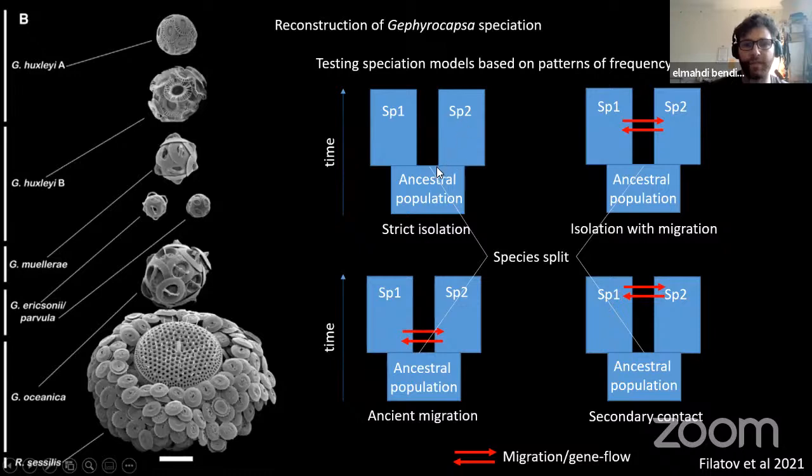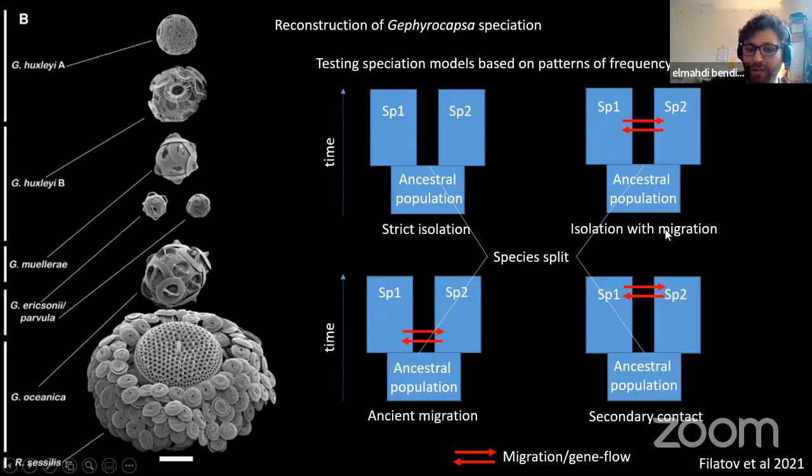And during the evolution of the 2 species, during the speciation, there is no gene flow, so no exchange of genes between the different populations. There is another model that is isolation with migration. Migration is another term for gene flow. We say migration because we are talking about the number of individuals that are exchanging genes between populations.